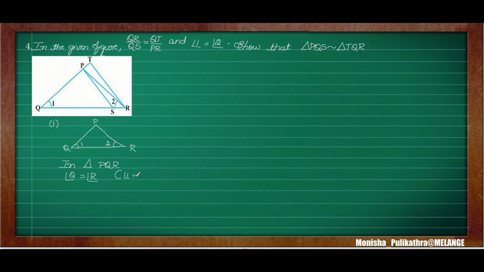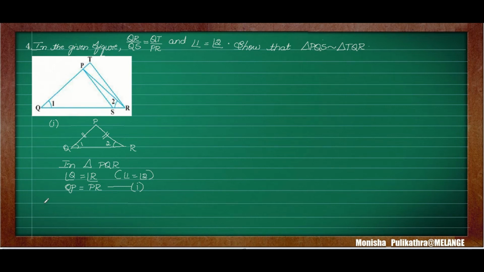Because in the data itself they have given angle 1 is equal to angle 2. Since angle 1 is Q and angle 2 is R, Q is equal to R. If this angle is equal to this angle, then this side is equal to this side. Then QP will become equal to PR. Let this be equation number 1.